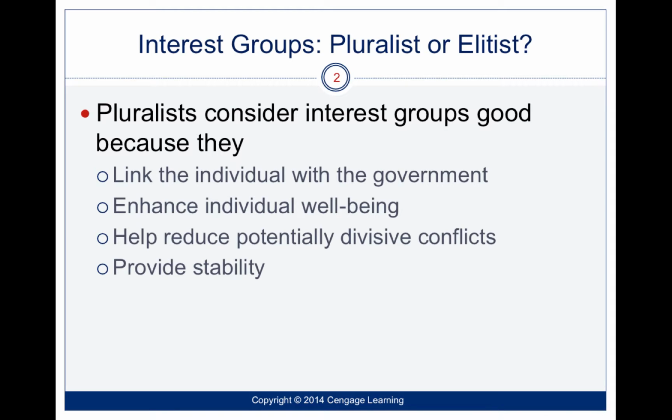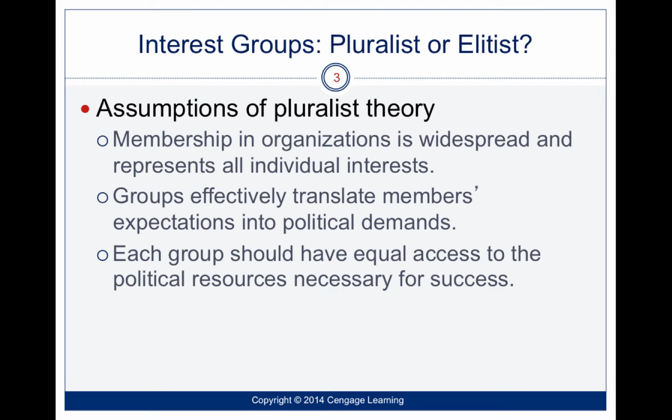If we think about it in a little more detail here in the United States, it might be a little bit opposite. When we talk about pluralist theory, sometimes these groups will translate into some type of political demands.